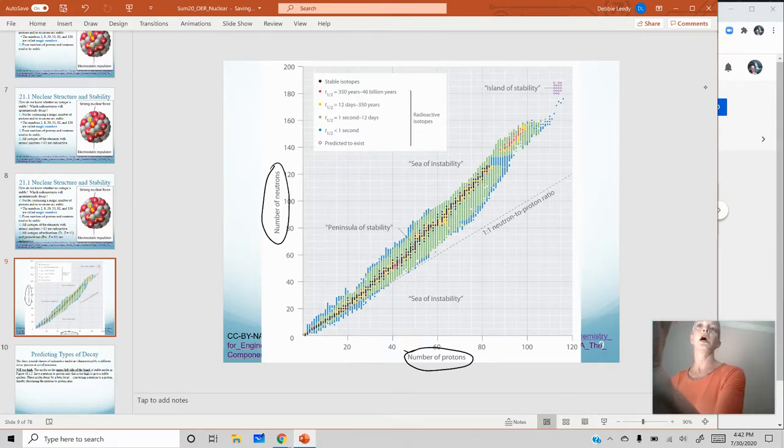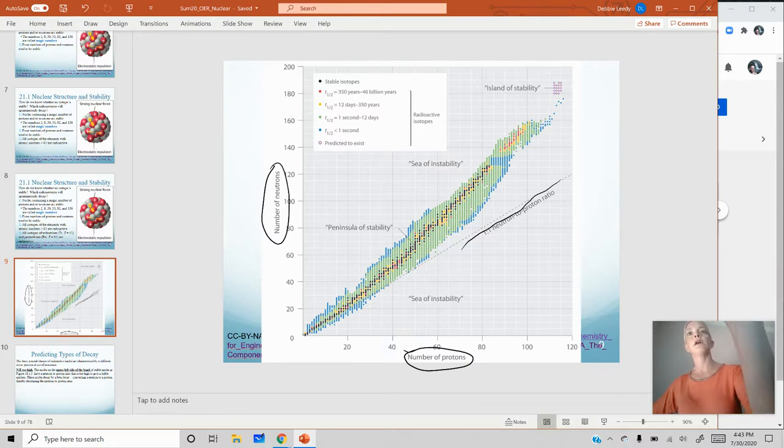This dotted line on the diagonal is showing the 1-to-1 ratio. This diagram is showing all of the colored dots of all isotopes. The black ones are the ones that are stable. The colors represent the half-lives of some common isotopes, but where an isotope is relative to the black dots helps determine the type of decay that would happen.